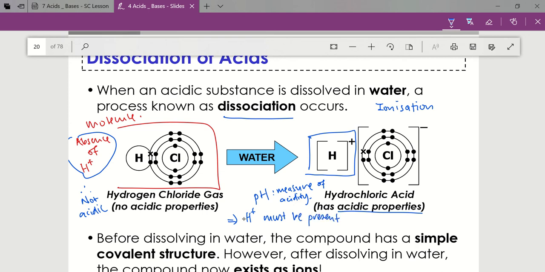Hence, with this, you can quickly see that before it was dissolved in water, there were no hydrogen ions present. But after it has been dissolved in water, hydrogen ions are formed. Okay, so before that, there were no acidic properties, but after that, it has acidic properties. So this is a very important fact that you must know, and please take note that this can only happen in the presence of water.